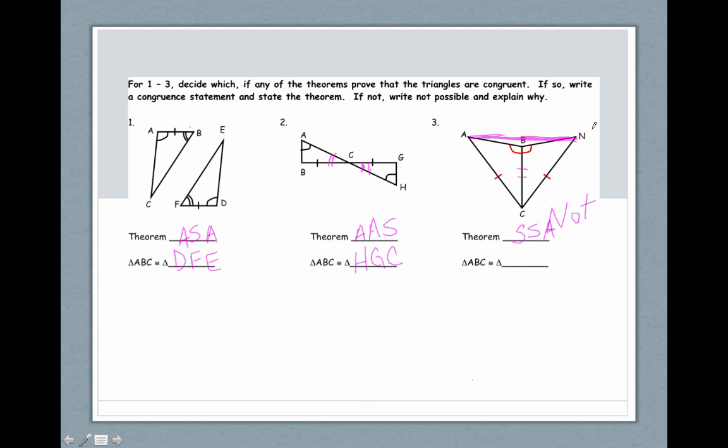But with this one in particular, we know that this part has to be acute. The reason it has to be acute is because it's part of this triangle here. So we can say actually that these are the same, but it's based more on these having to be the same.